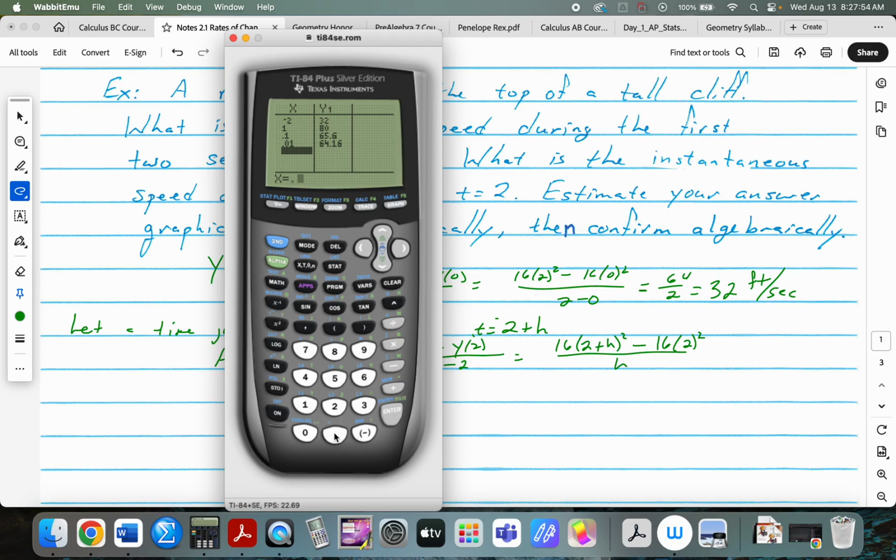And what if, I don't know, let's make it 1/1000th. And you could get nuts with it. What do you think that's probably going to converge on? What numbers do these seem to be getting closer to? 64.